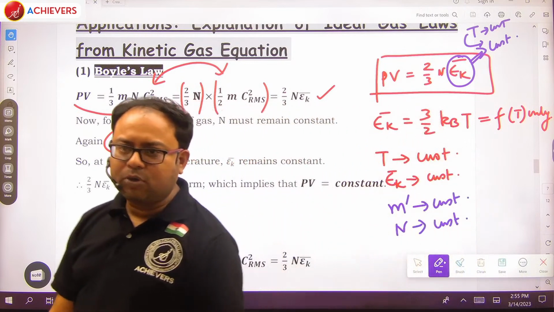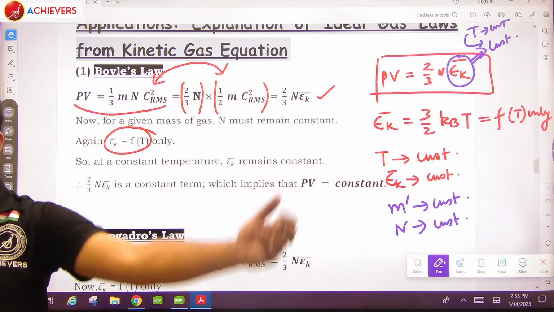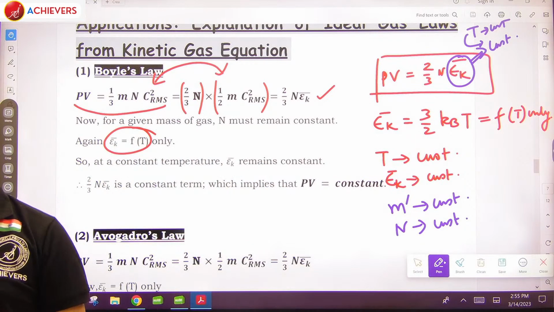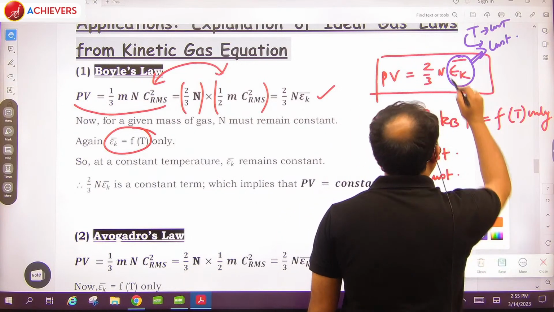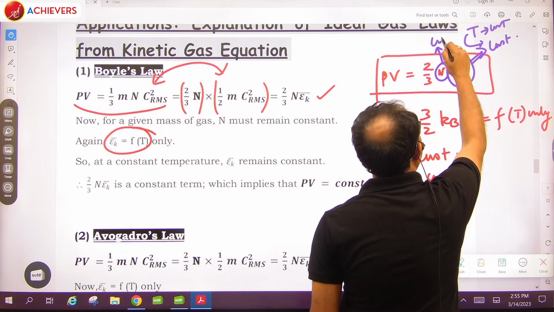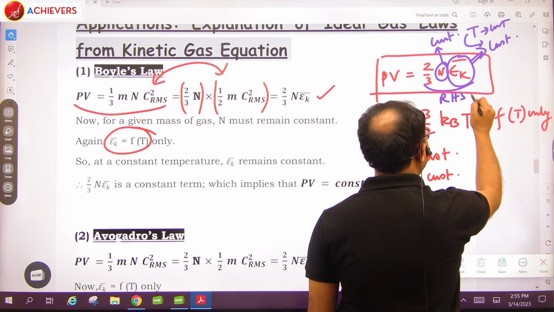Total mass is proportional to the number of molecules. If you keep the total mass constant, then the number of molecules, number of moles, everything will remain constant. So this n is also constant. That makes the right hand side constant.